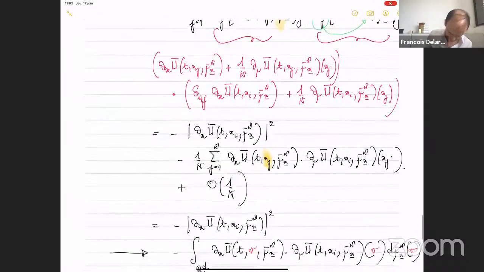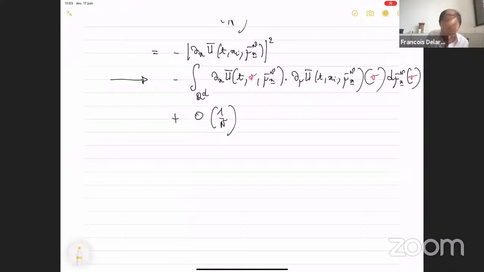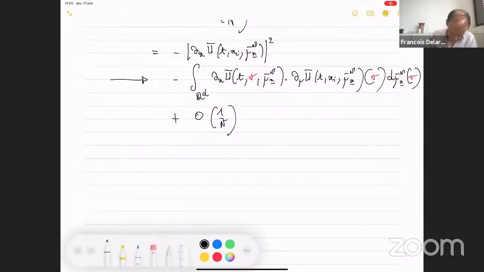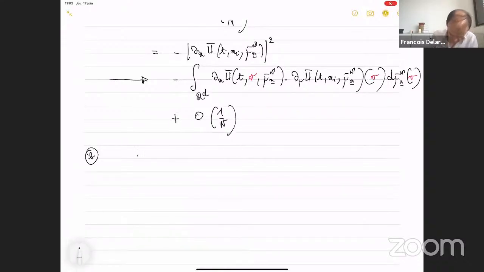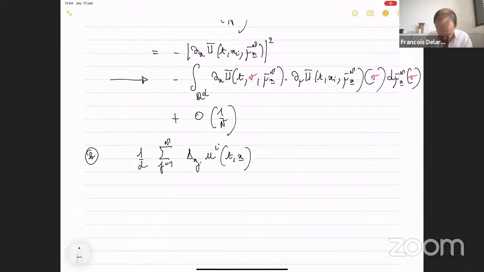So B, I have to be really careful. So this is 1/2 the sum of the deltas xj with j between 1 and n of u I tx underline.